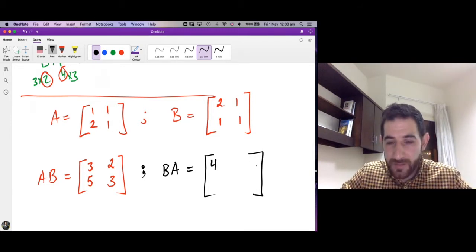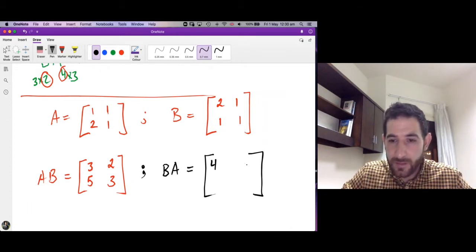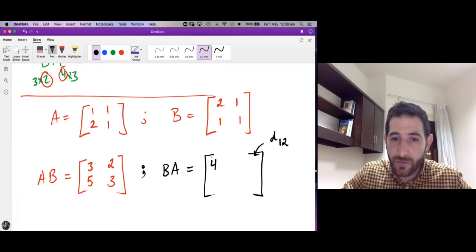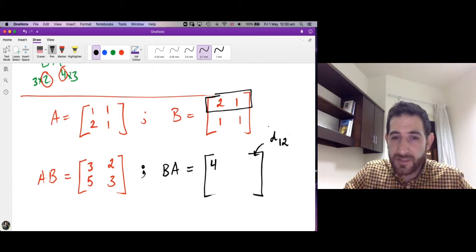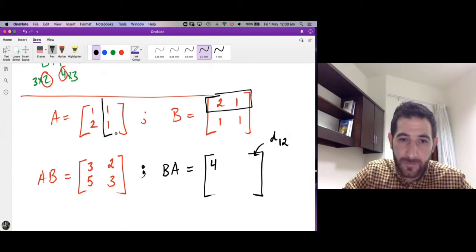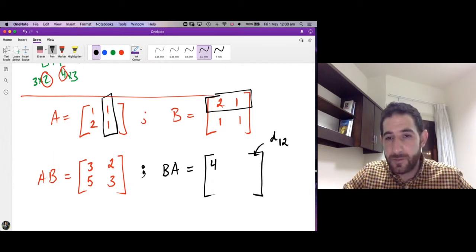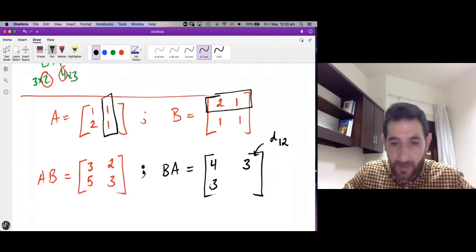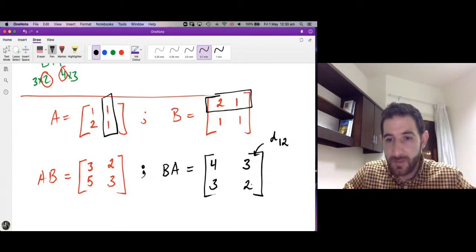And then to compute this one, let's call the entry here D, first row, second column. So I look at the first row of B times the second column of A and multiply them. 2 times 1 is 2, plus 1, we get 3 here. In the same way, we get this to be 3 and this to be 2.